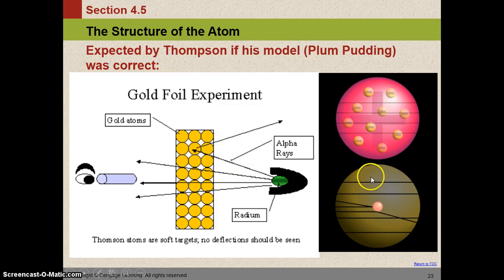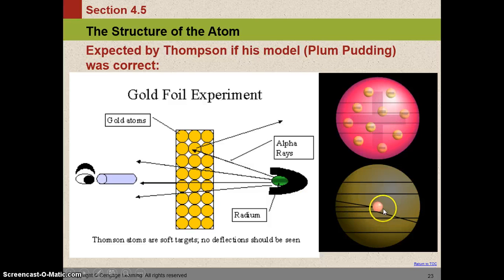And if we look at a very simplified version, if the plum pudding were correct, with this positive pink background and the yellow negative scattered throughout, it would go through. These lines show that it would go through without hindrance, but what they actually saw is that there were some weird angles of deflection, and some coming straight back out, some at odd angles.